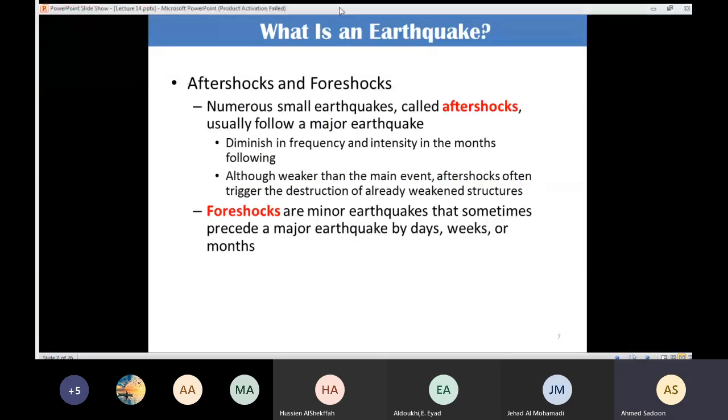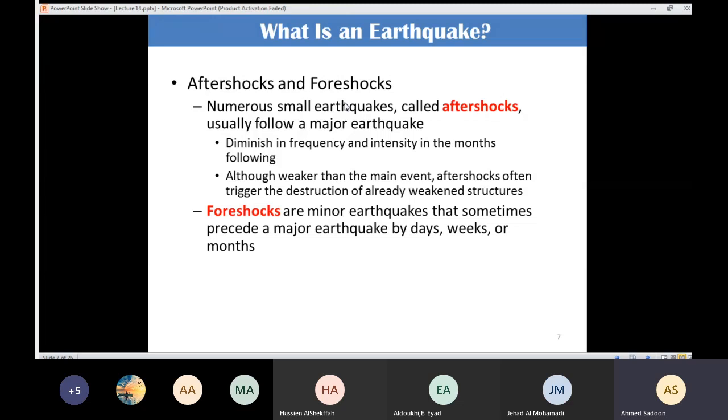Also, we have earthquakes before the major earthquake, and also earthquakes after the major earthquake. We are going to have aftershocks and foreshocks. The aftershocks mean that after the major earthquake, we are going to witness a number of small earthquakes.